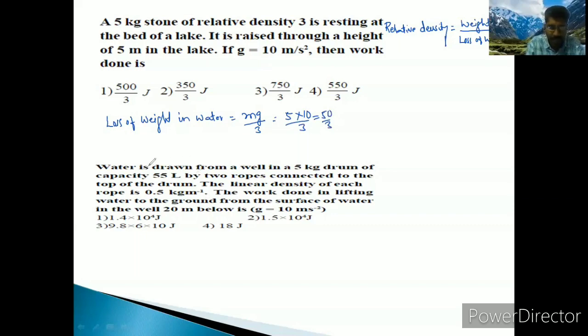Now loss of weight in water. How much original weight is there here? 50. So how much is the loss? Means 50 by 3. How much do we get? 3 minus 2 means... So we will get 100 by 3.